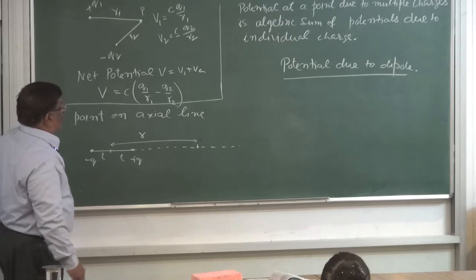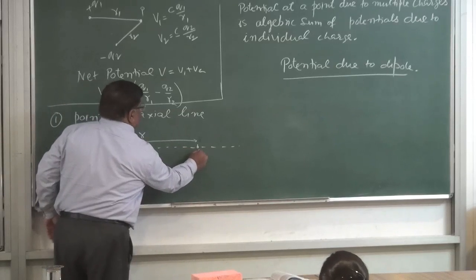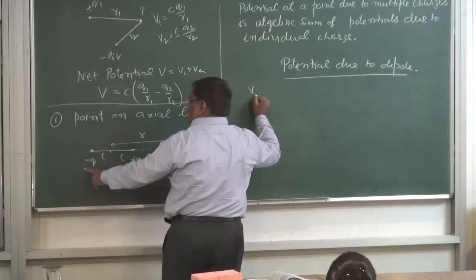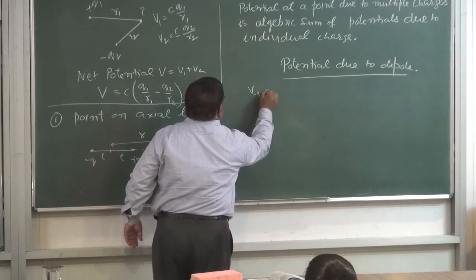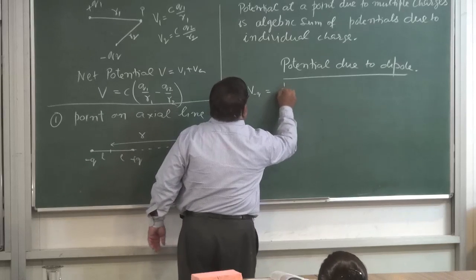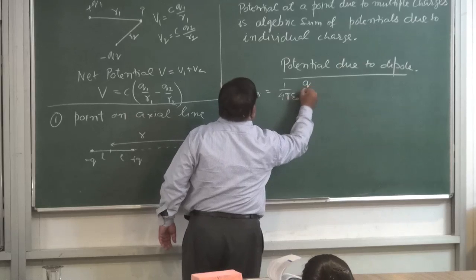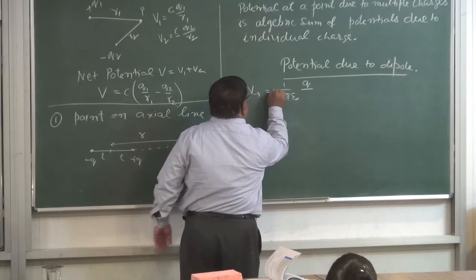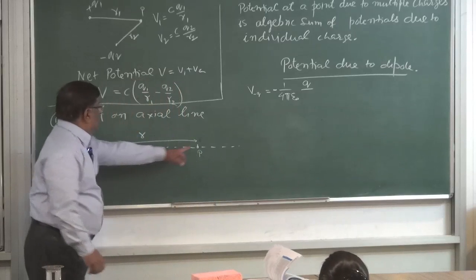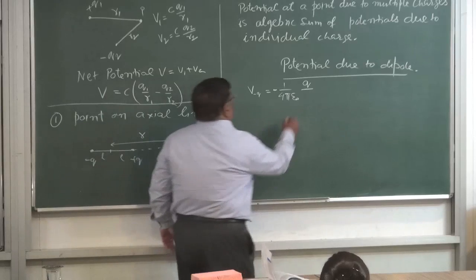Now we have to find out potential at this point P. V due to minus Q is equal to, tell me how much it is: minus Q upon, what is the distance from this point to this point? This is R plus L.